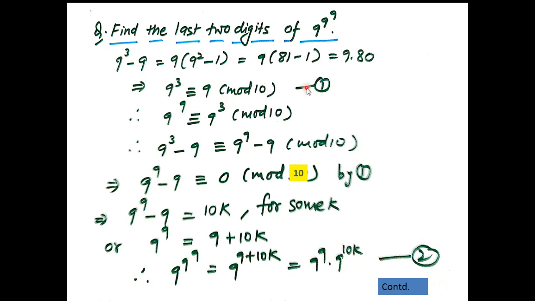That means 9 cube is congruent to 9 modulo 10. Let us fix this as equation number 1. Therefore, 9 cube is congruent to 9 to the power 9 modulo 10.